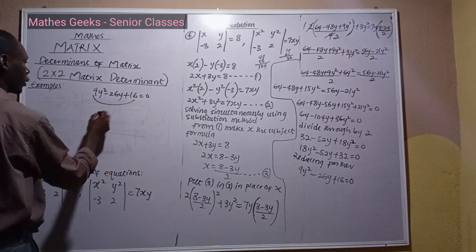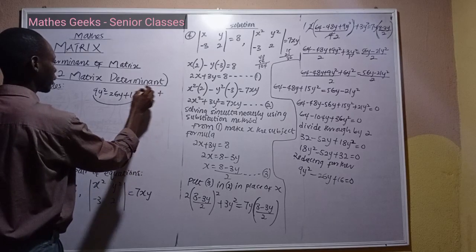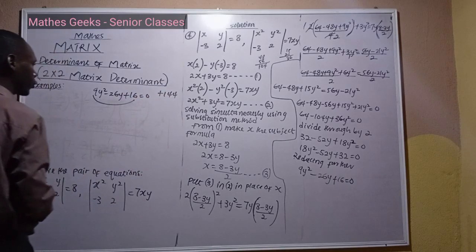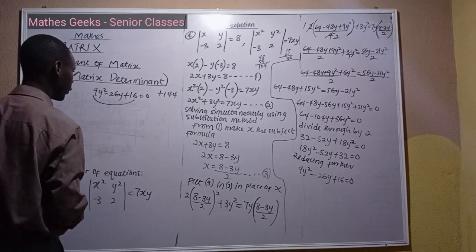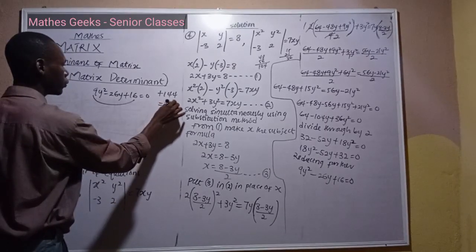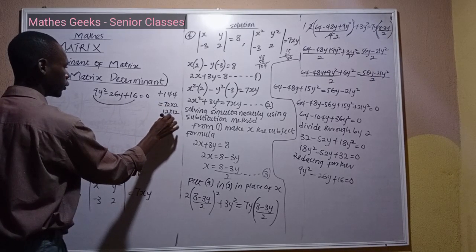So multiply these together, 9 times 16 will give us 144. So we have to look for the factors of 144. Factors of 144 will give us 72 times 2, 12 times 12, 18 times 8.